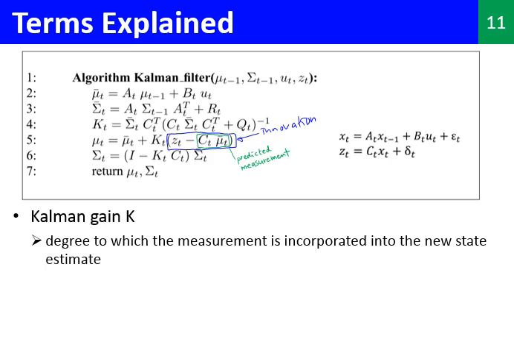For example, a 1D scenario, and say Q is large, high uncertainty for the measurement. Then as I said before, K will be small, right? This is from line 4.